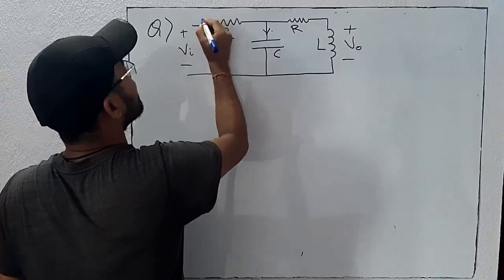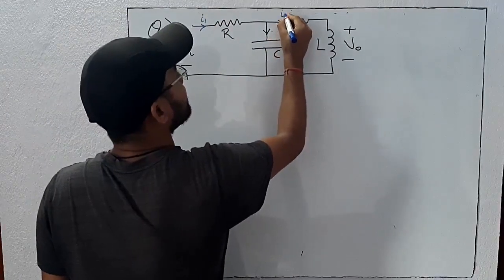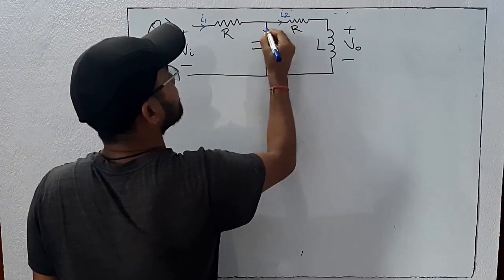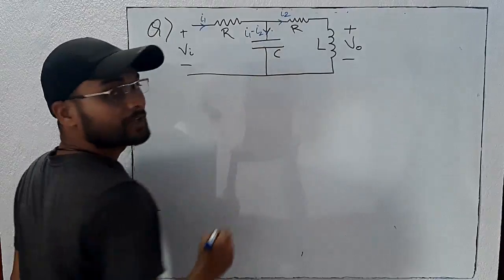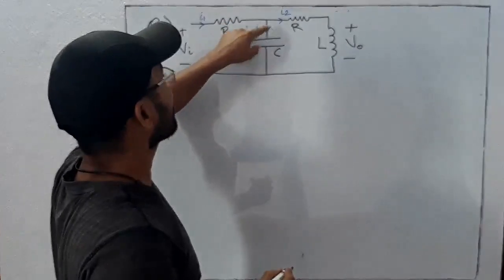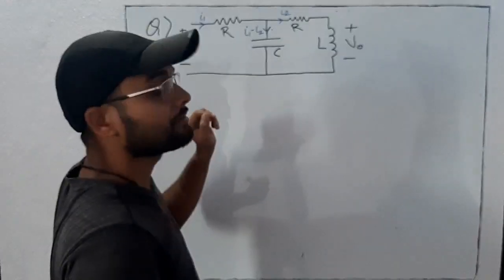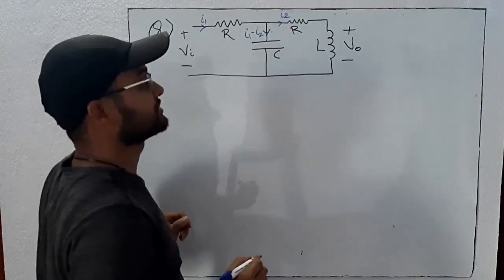Let's suppose here I1 current passes and here I2 current passes. So in this branch I1 minus I2 current will pass. Understood? We have taken KCL here because the sum of all the incoming and outgoing current at a node is equal to 0. So using that principle, we have given the current equation in each branch.